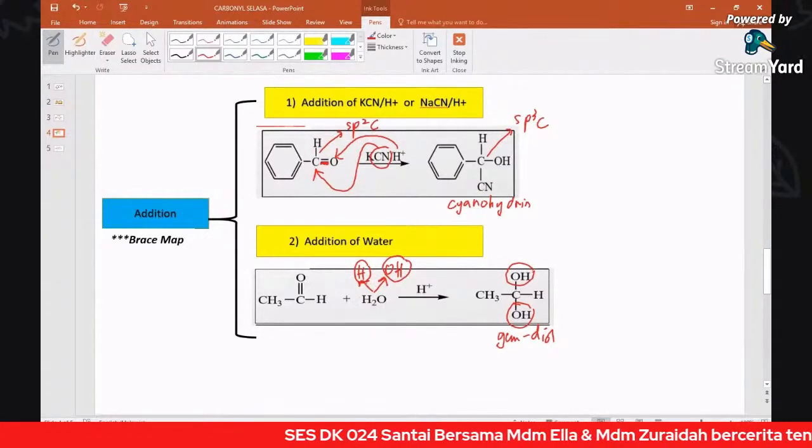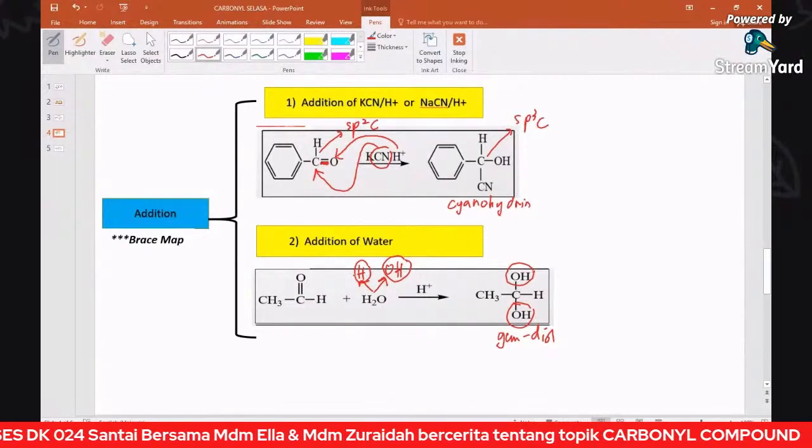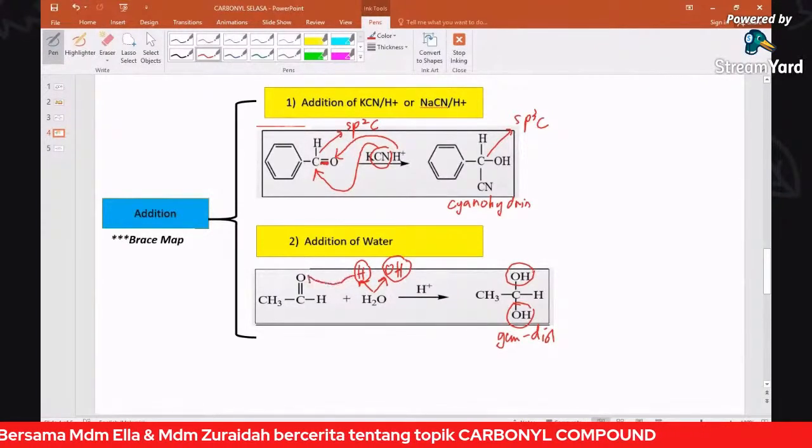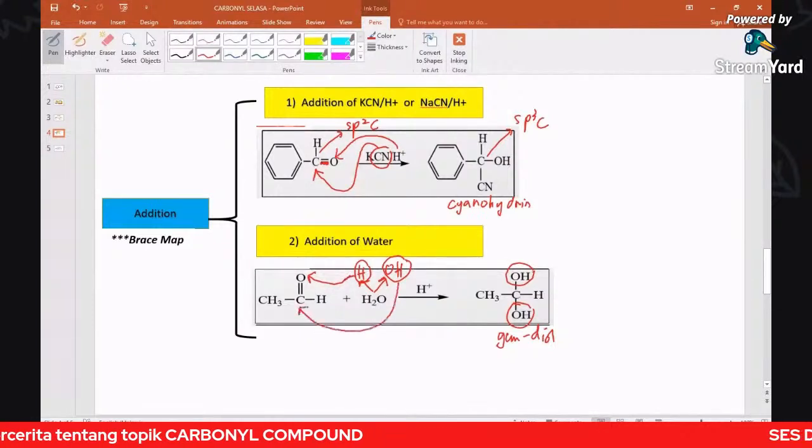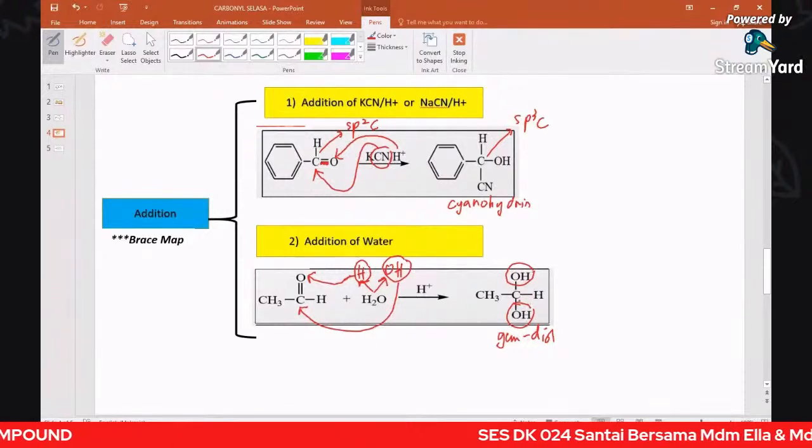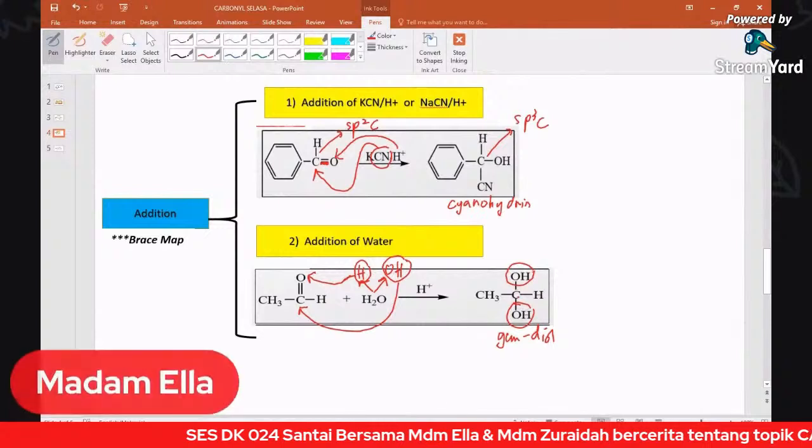Kita keluarkan daripada H2O ni, HOH ni kita extract. H will combine with the O, and OH will combine with the C double bond O. So that will form gem-diol, and we have two OH groups at the same carbon.